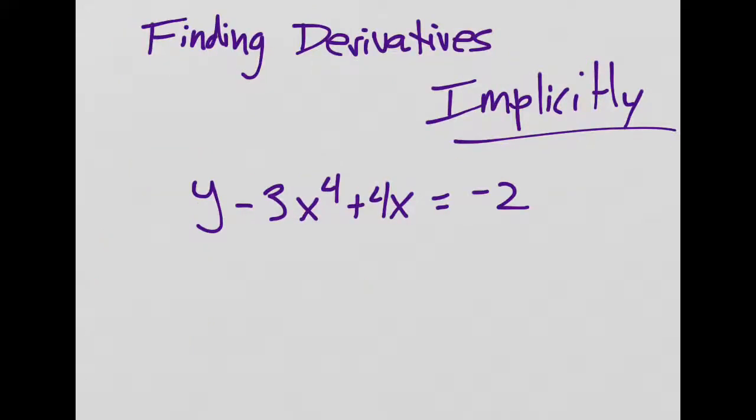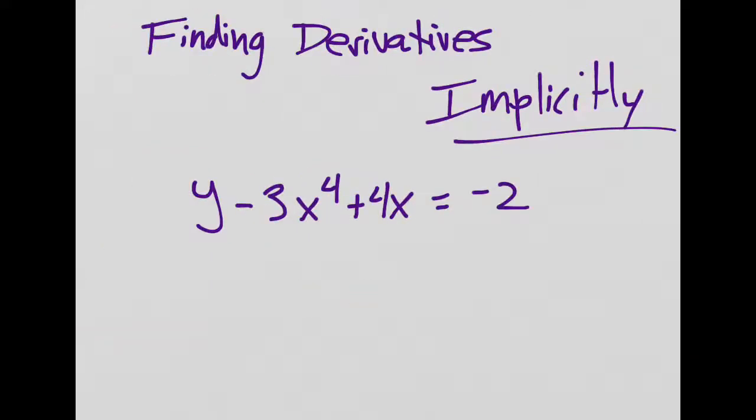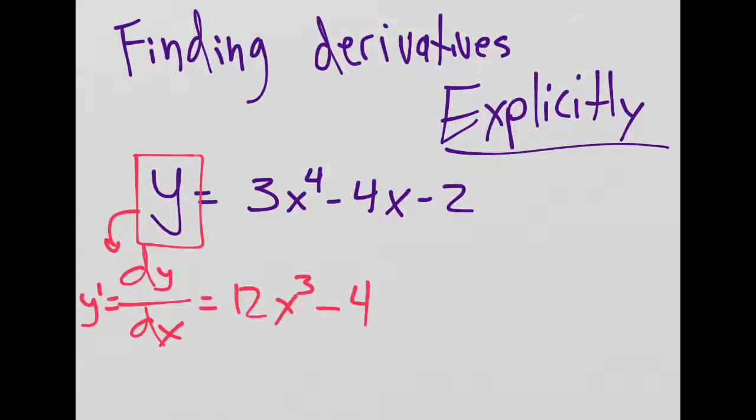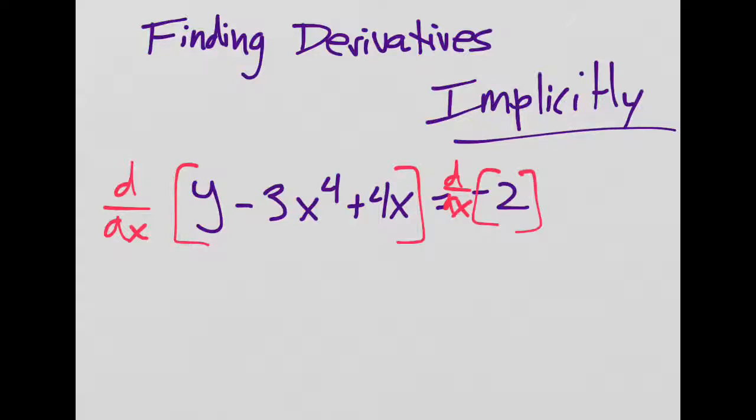So if I want to go and take the derivative of this function implicitly, I can go ahead and do the same thing. And notice I have the same function here. If you look at those terms and these terms, they're all the same, but it's no longer defined explicitly because it is not solved for y. But I can go through and I can say, all right, I want to take the derivative of the left side of this equation, and I also want to take the derivative of the right side of this equation.